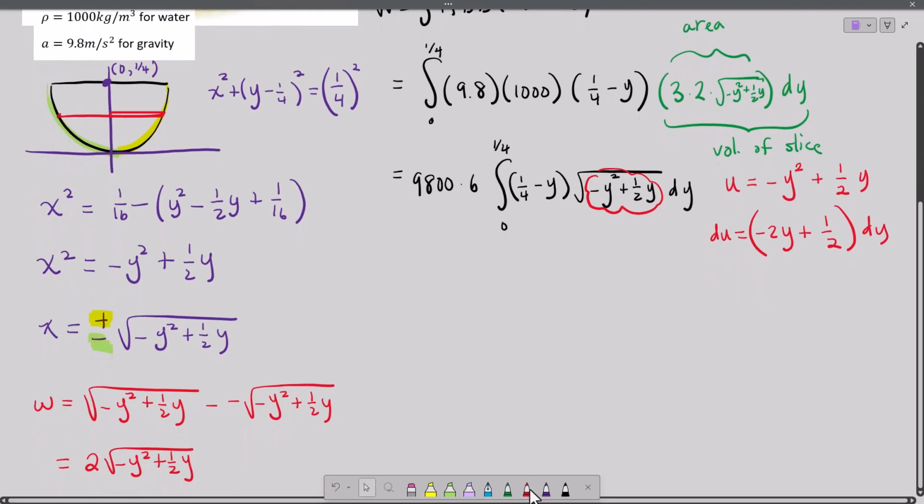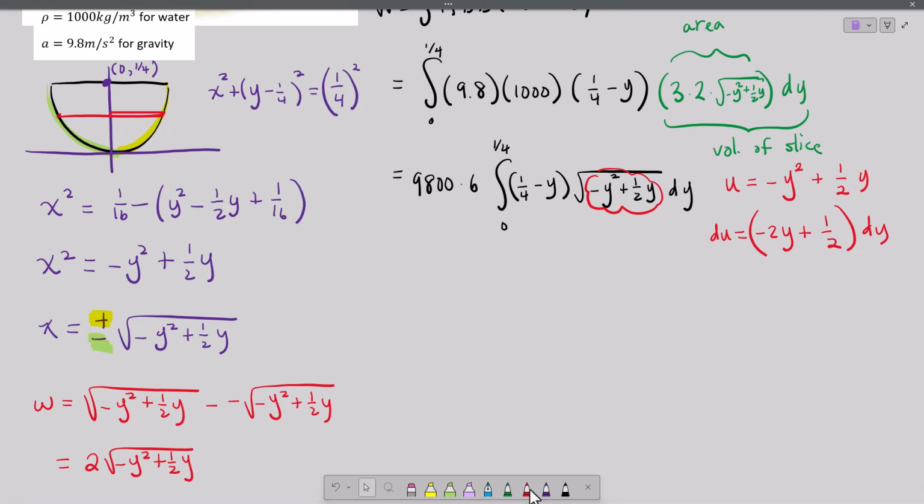If we look over here, out in front there's negative y plus 1/4. What if we factor out a 2 right here? If we factor out a 2, don't we get negative y plus 1/4? Right? If you factor out that 2, 2 times 1/4 is 1/2.